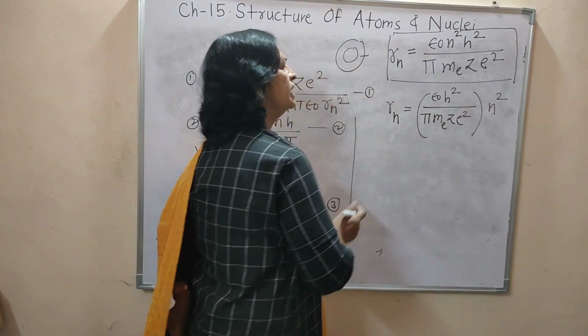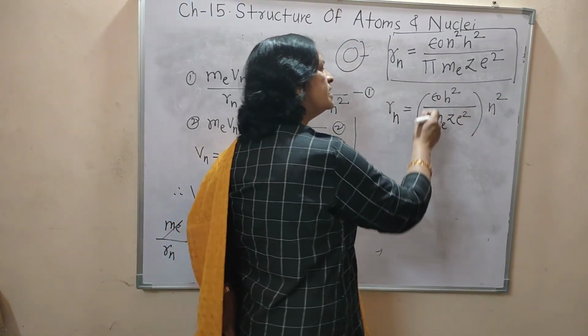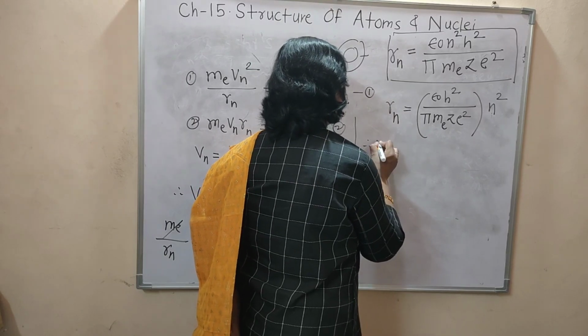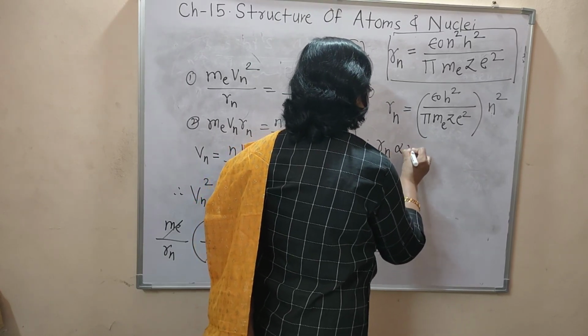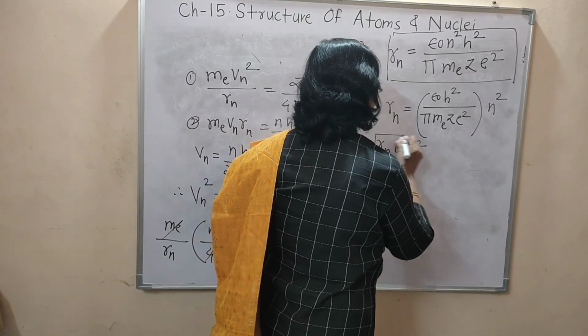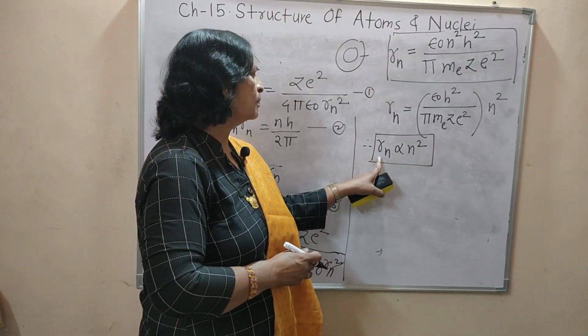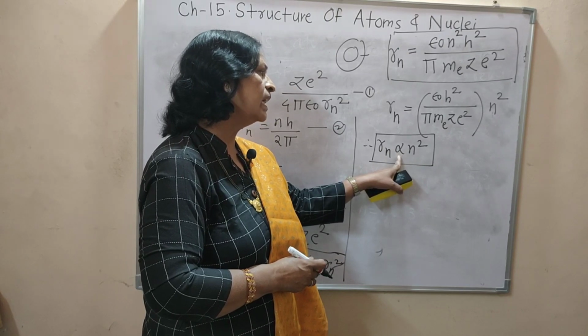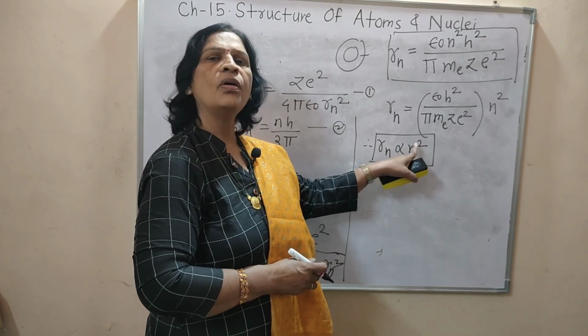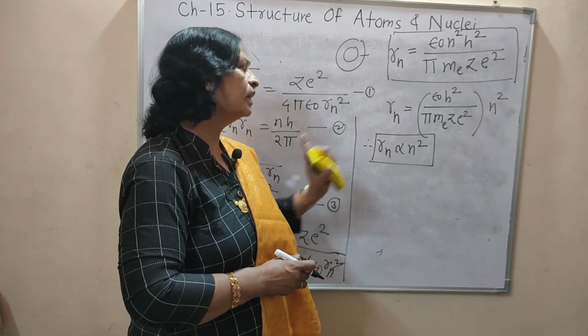Now the quantities in the bracket are constants, and therefore we can write Rn is directly proportional to n square. Means we can say that the radius of the Bohr orbit is directly proportional to the square of the principal quantum number.